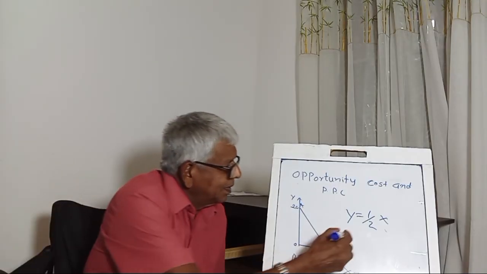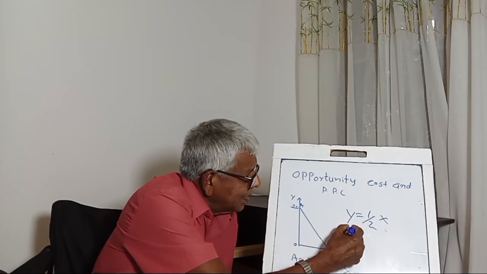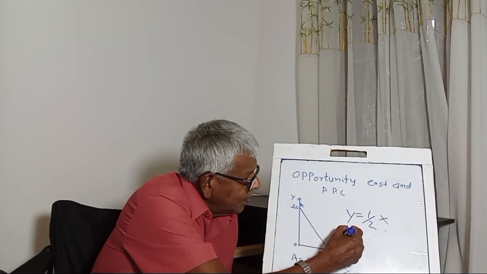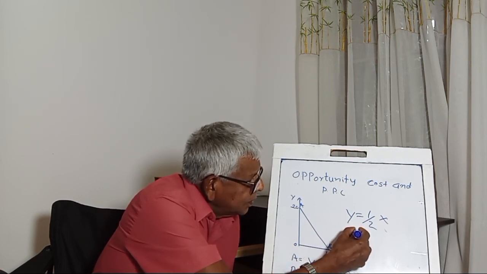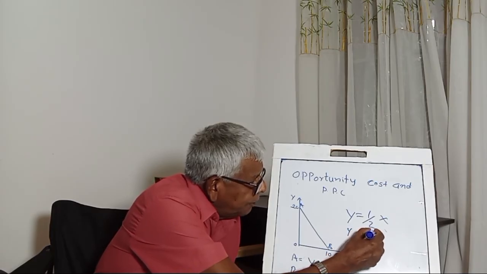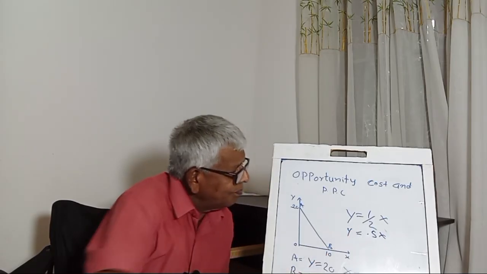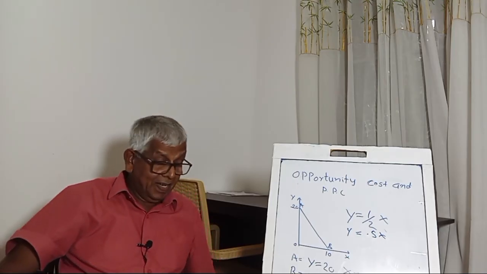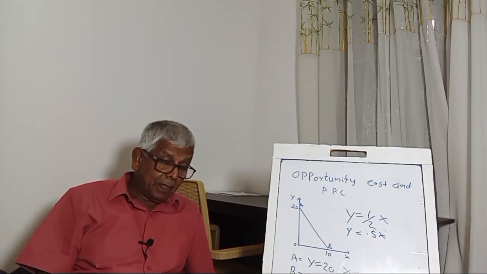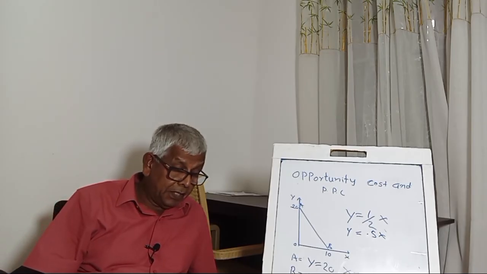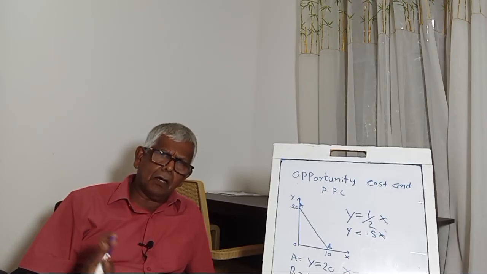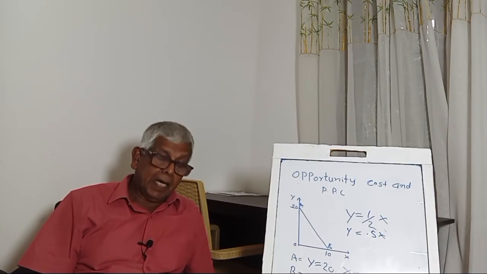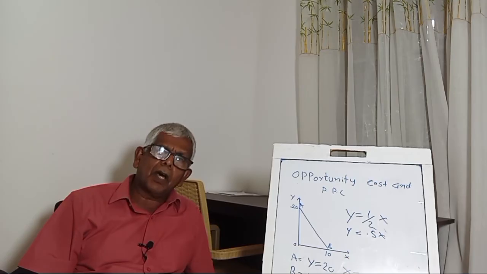So we can solve: y equals 0.5x. In this example, the production possibility curve, PPC, has a constant opportunity cost at all levels of production.